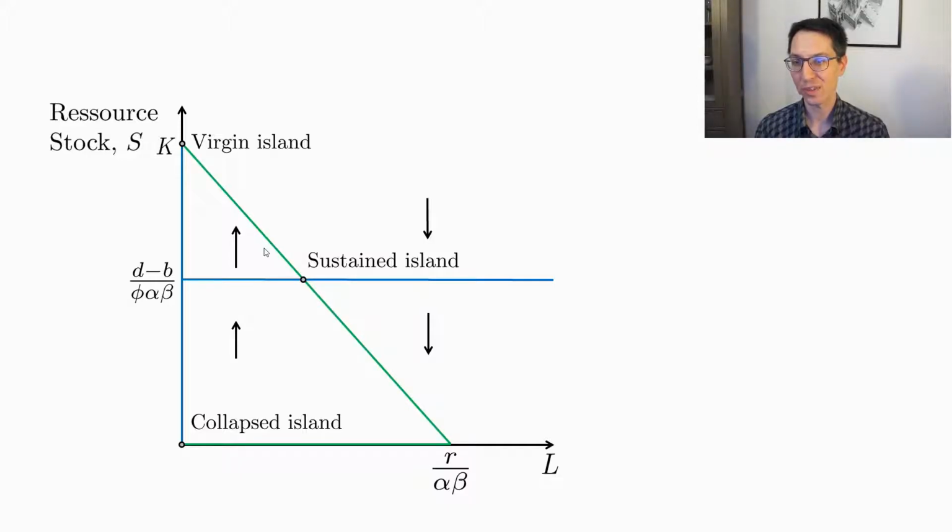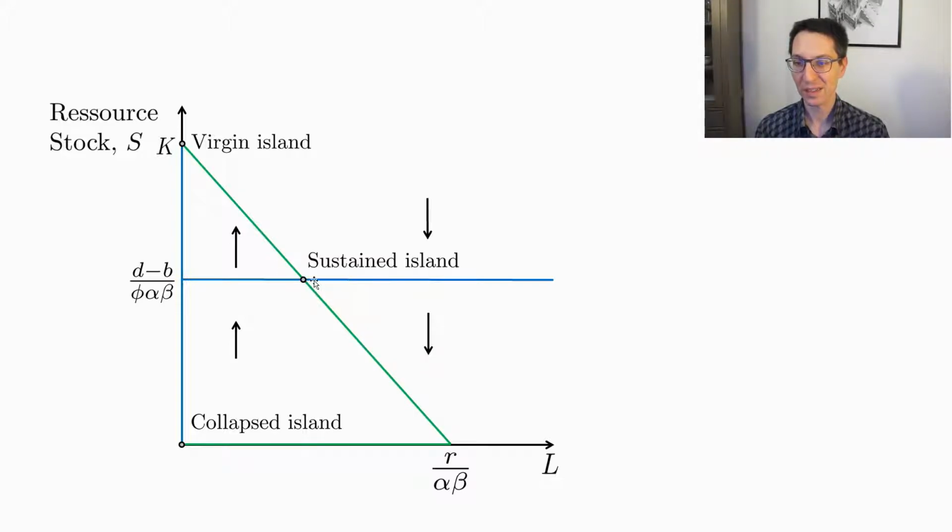Then obviously people are going to be able to harvest more and sustain more kids, and then the population is going to grow. So it means that L dot is going to be positive, and the dynamic of the system will go that way to the right.